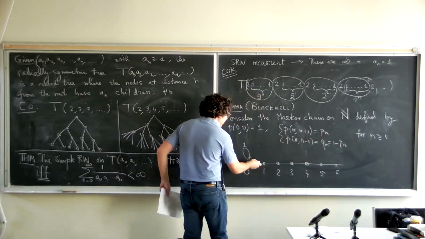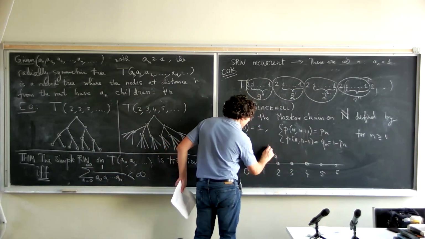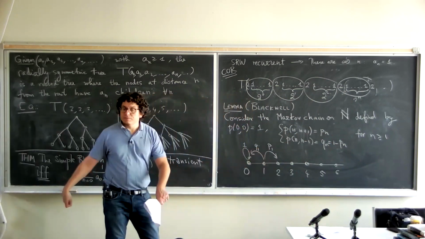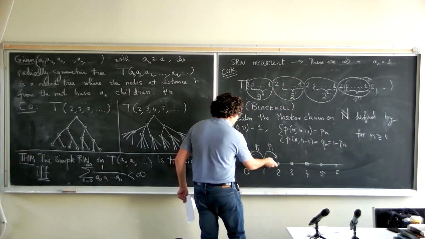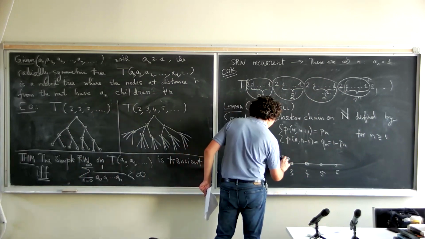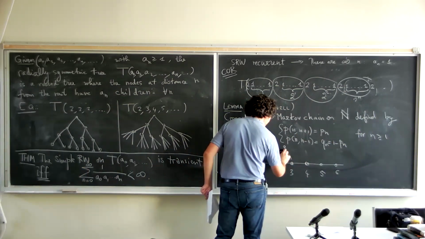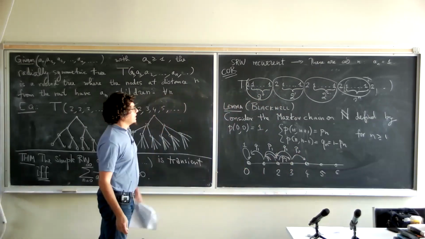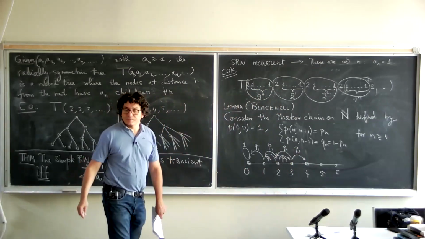And then you have a probability of going forward. We call it P1 here. And Q1 is the probability of going backwards. And so forth. So if you're in 2, you have Q2 and P2 and so forth. And so this is Q3, and this is P3. So you have some sequence of numbers like this.